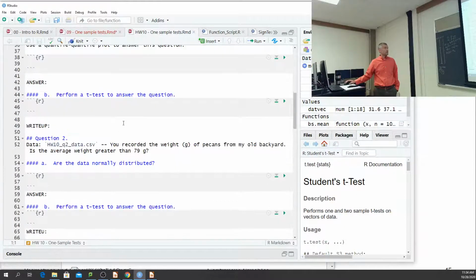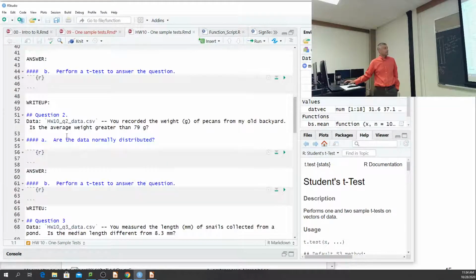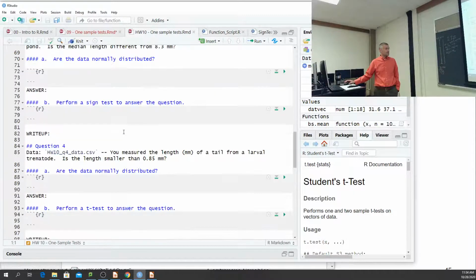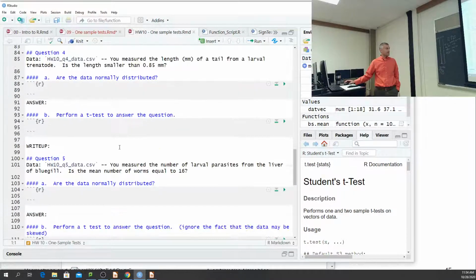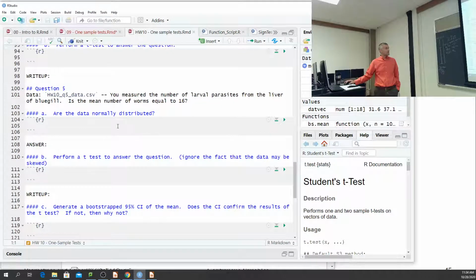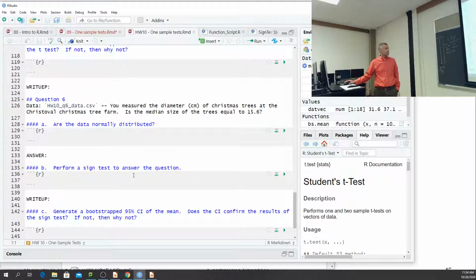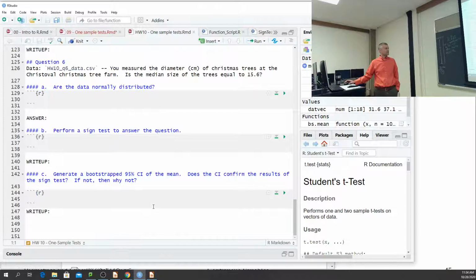The first two tests are t-tests, so we run t.test on those. You check for normality and run a sign test. Check for normality, t-test. Check for normality, perform a t-test, and do a bootstrap confidence interval. Question 6 is a sign test and then a bootstrap confidence interval.